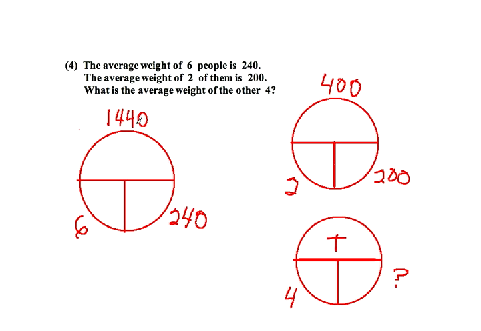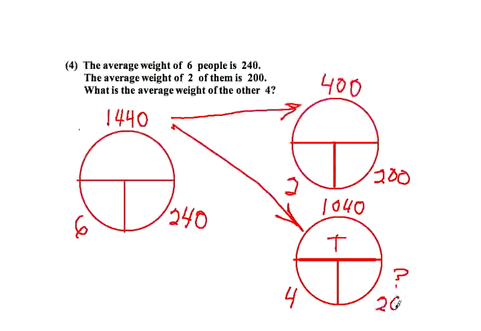So the key here is that the total weights of the 2 subgroups have to equal the total for overall. So the total has to be split among those. And that's a subtraction problem. This gives us 1040. Divided by 4, we get 260.